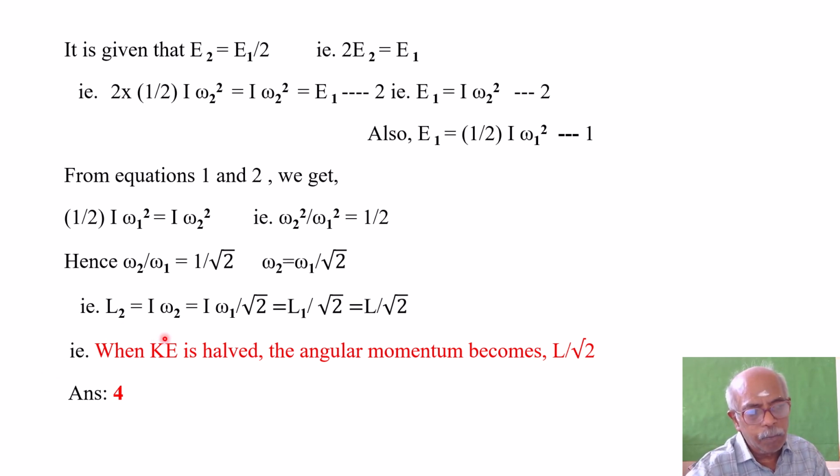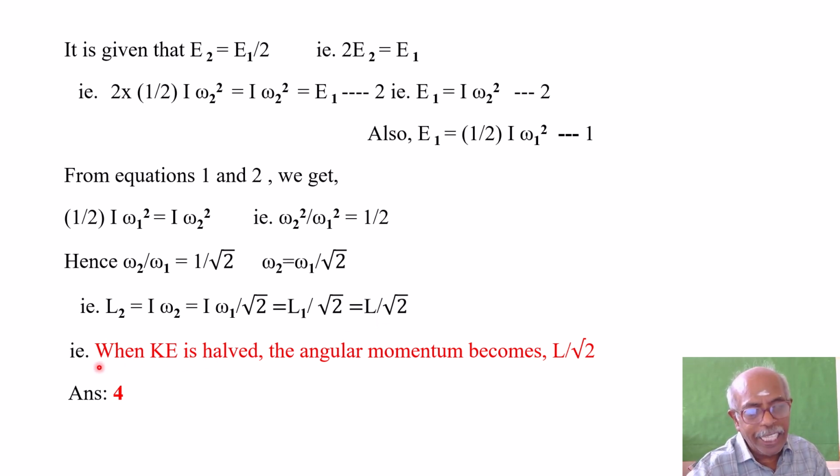I omega 2. Instead of omega 2, you can substitute the value omega 1 by root 2. What is I omega 1? L1, which is also equal to capital L. This has been given in the question. L1 is equal to L. So L1 by square root 2 is equal to L by square root 2.